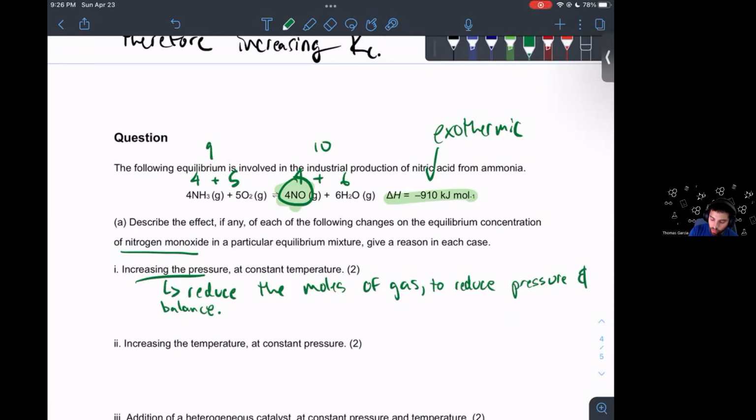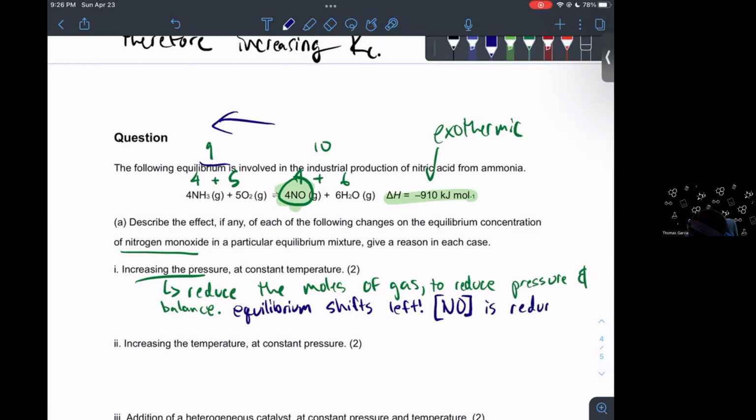Therefore, our actual answer, sorry, the green is just me thinking out loud, but our actual answer is that we say equilibrium shifts left. Again, we're shifting left to our reactants, to the lower number. Therefore, concentration of NO is reduced.